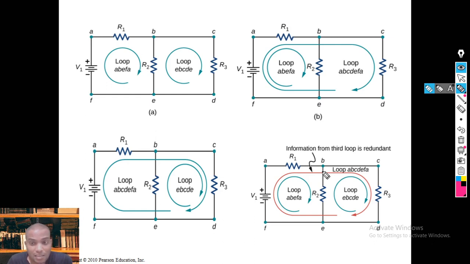If you consider the third loop again, we will get stuck while solving the equations. That is not a good idea.